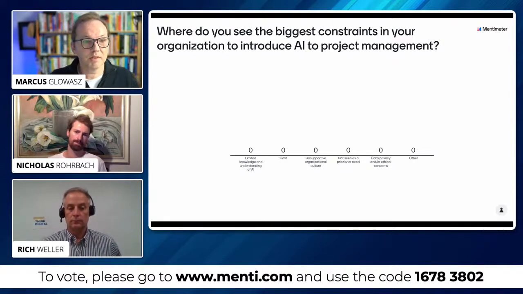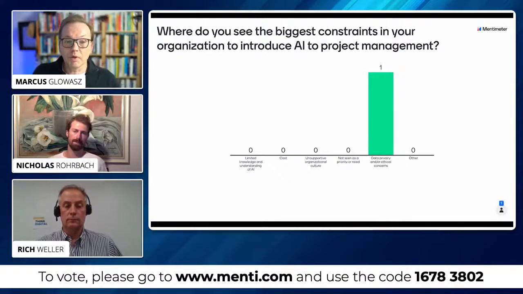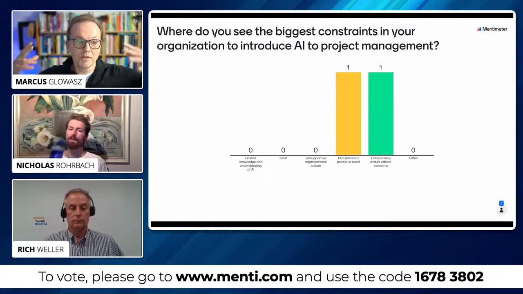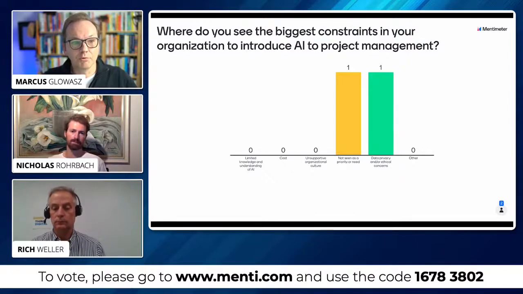One thing here is limited knowledge and understanding of AI, which might be exactly this, where people think AI is this misconceived thing, and they don't do a deep dive to really understand that it's not the monster they may think of, right?